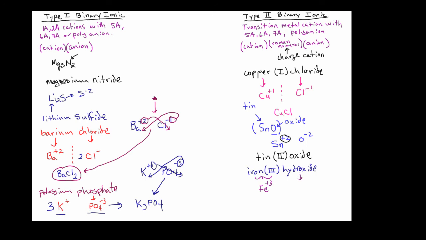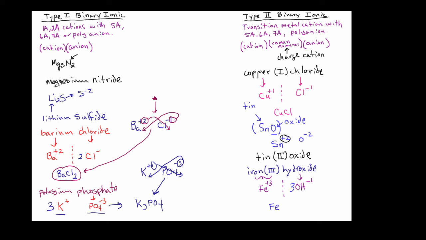The hydroxide, it's one of your 23, 24 polyanions. It's OH minus 1 because you've got it memorized. Charge balance. We see that the iron is +3. The hydroxide is -1. So you're going to need a total of 3 hydroxides to cancel all +3 charges of the iron. So the formula here is going to be Fe.